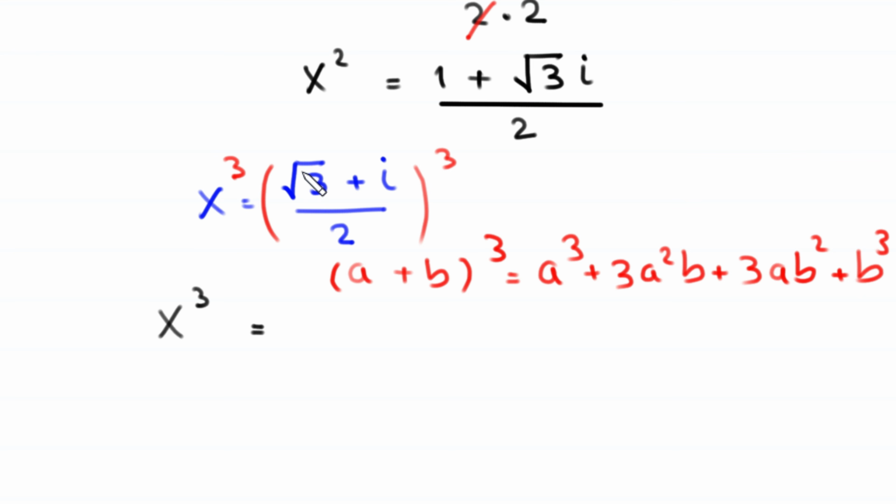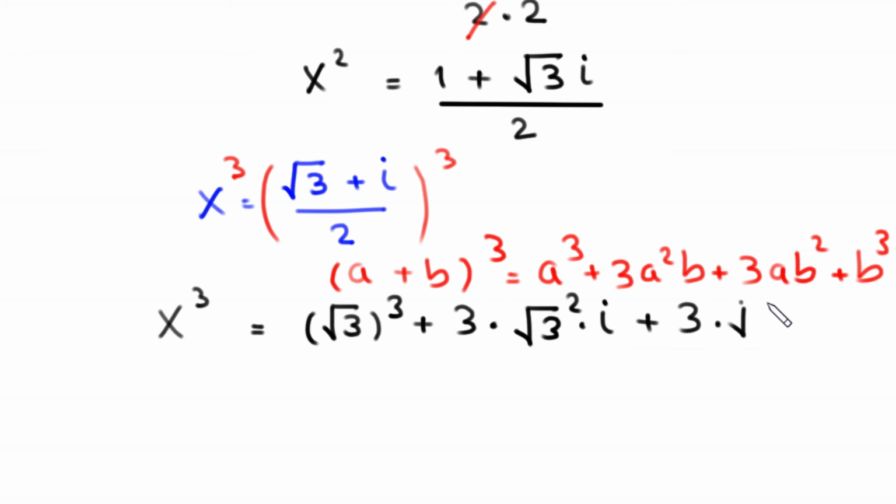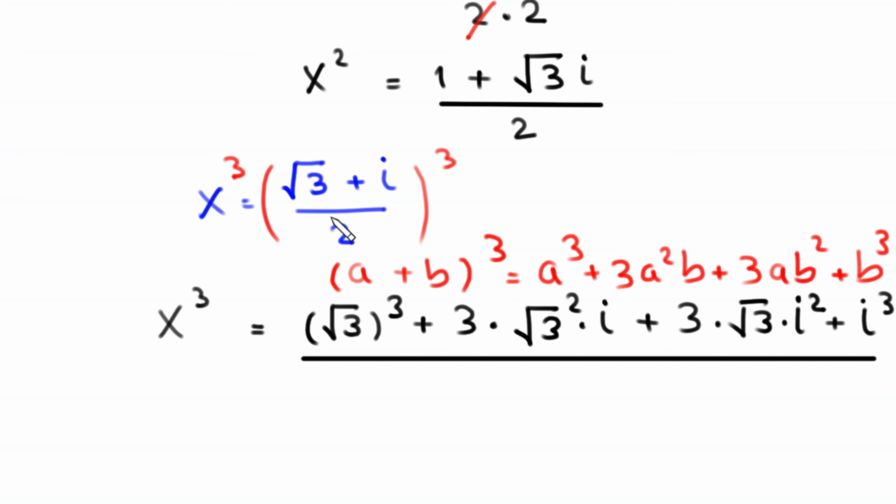So this (root 3 plus i) whole cubed will become root 3 whole cubed plus 3 times root 3 squared times i plus 3 times root 3 times i squared plus i cubed, divided by 2 cubed, which is equal to 8.